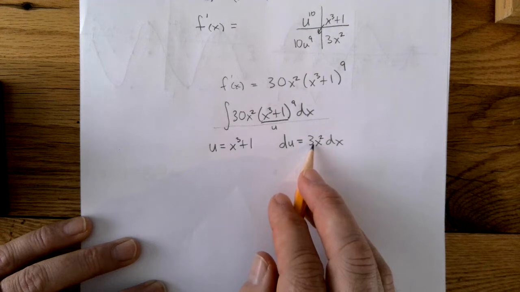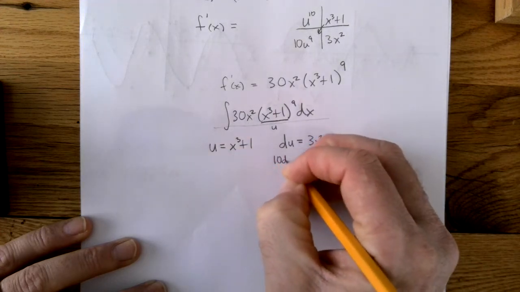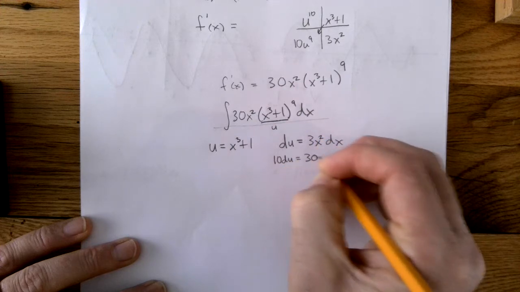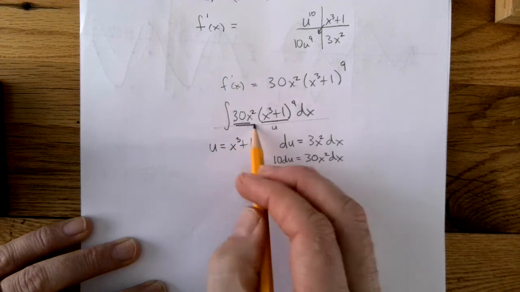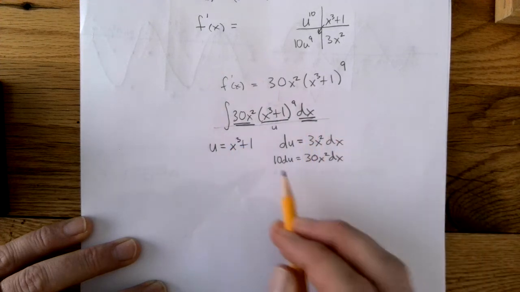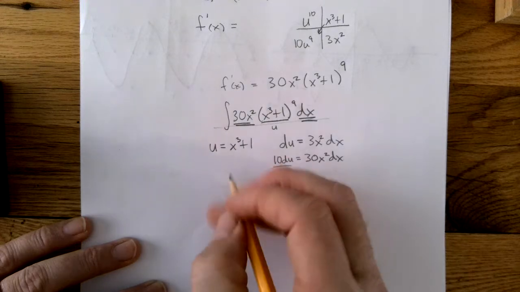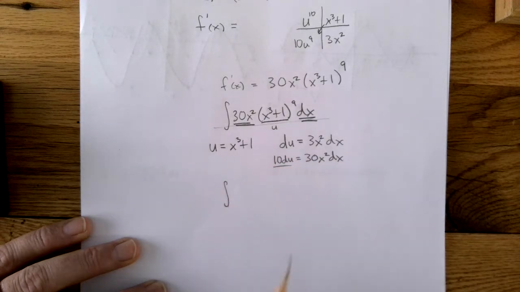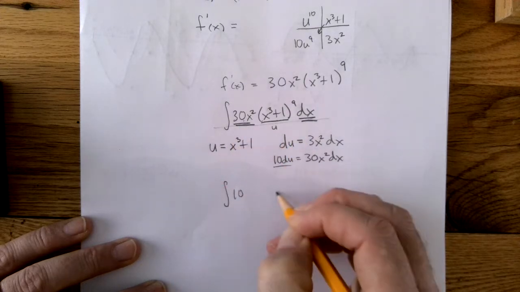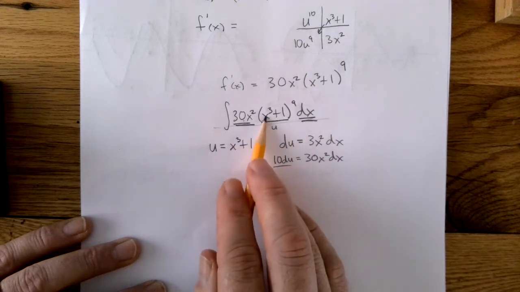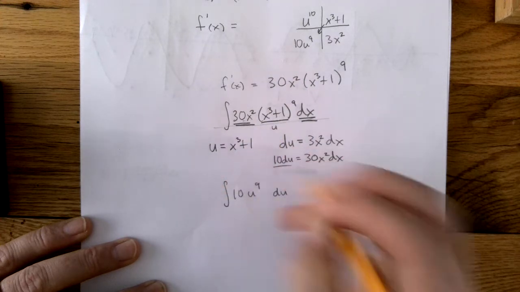I need a 30, so if I just multiply by 10, notice I can replace the 30x squared and the dx with a 10 du. So our integral becomes, instead of 30x squared dx, 10 du, and instead of x cubed plus 1, I have u to the 9th.